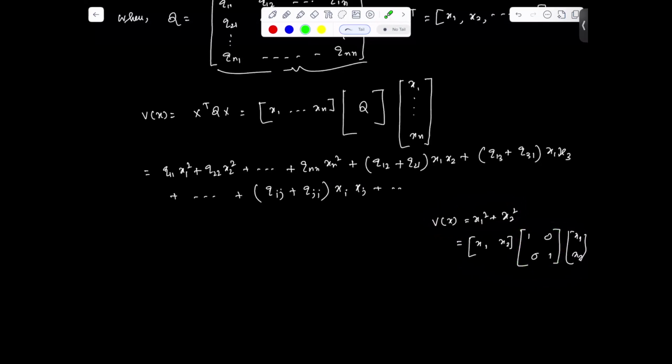The most important thing is how to find this matrix, based on which you can find the total energy of the system.